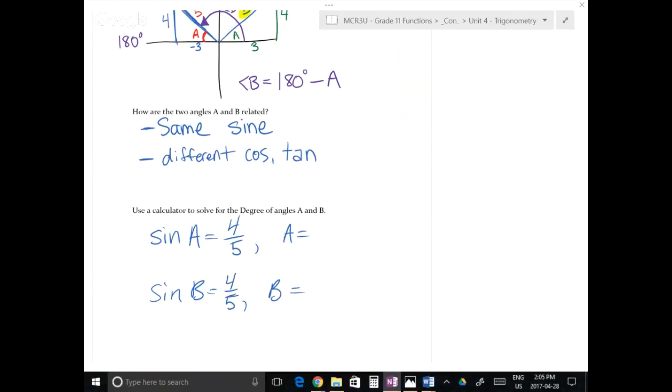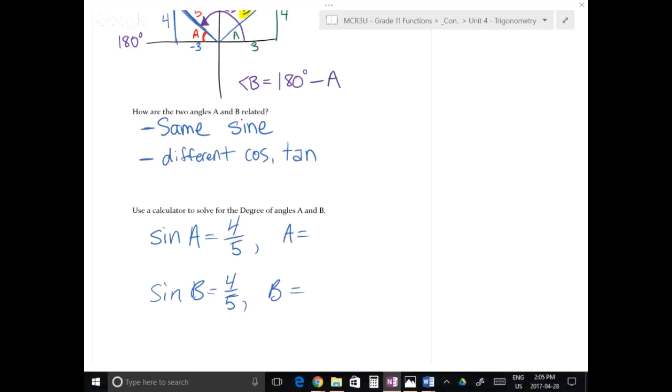I got it. 4 divided by 5, second function, sine. Oh, for God's sake. I don't know. That does not make sense.